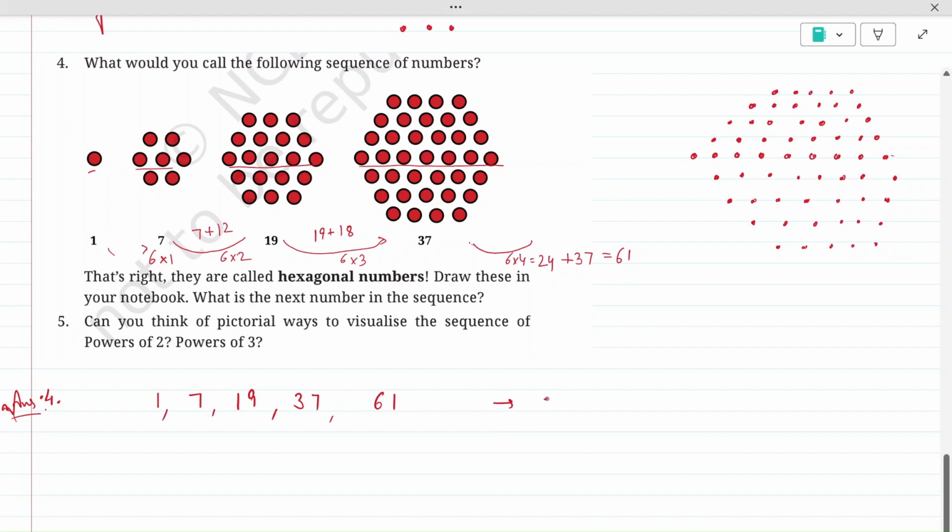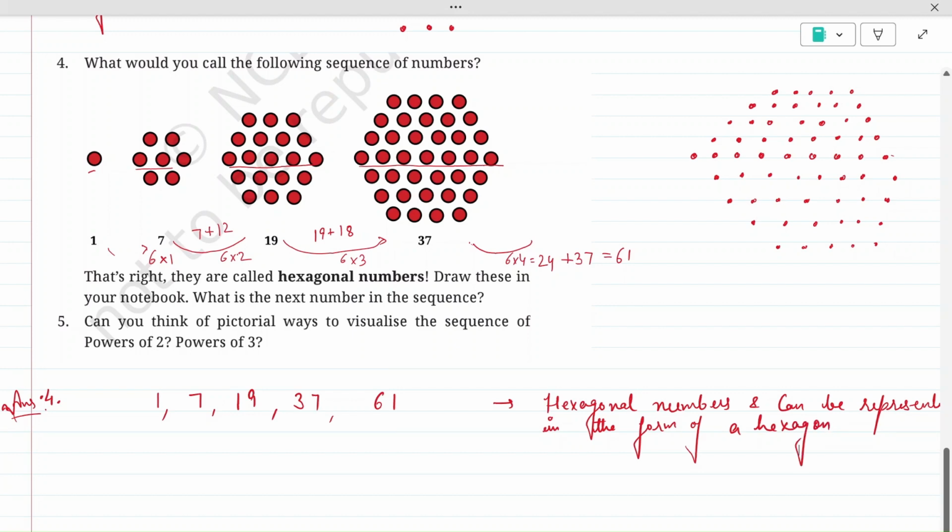They are called hexagonal numbers, and can be represented in the form of a hexagon.